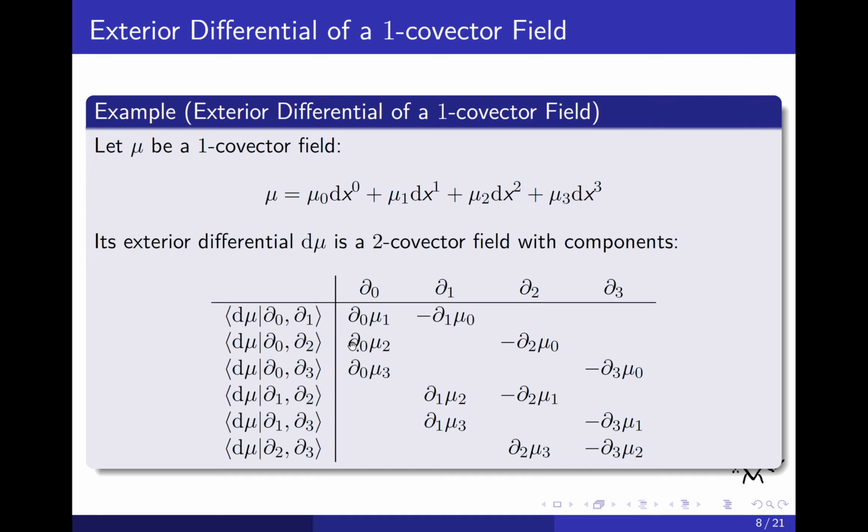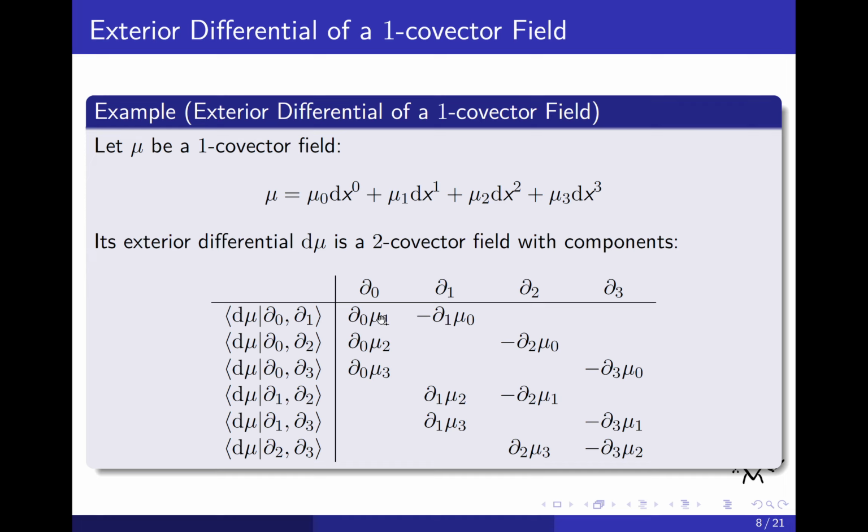So you will get partial 0 mu1, and you would like to anti-symmetrize this. I mean, unrigorously, this is sort of an anti-symmetrization. So you put negative partial 1 mu0 here, i.e., the pairing of d mu and partial 0, partial 1.